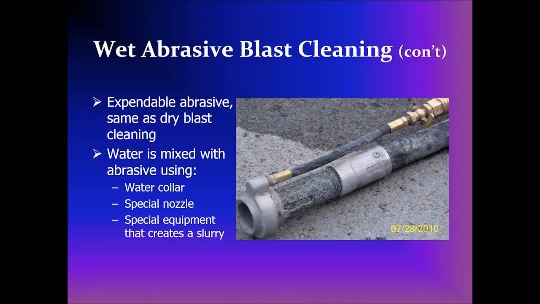That top black hose carries a small amount of water into the collar that creates a cone of water around the abrasive that comes out the blast nozzle, which is the large diameter black piece that you see in the picture. Others have special nozzles where the water is mixed prior to the abrasive exiting the nozzle to create a bit of a slurry. And other is special equipment that creates a slurry that's pumped through the entire blast hose rather than mixing the water at the nozzle.